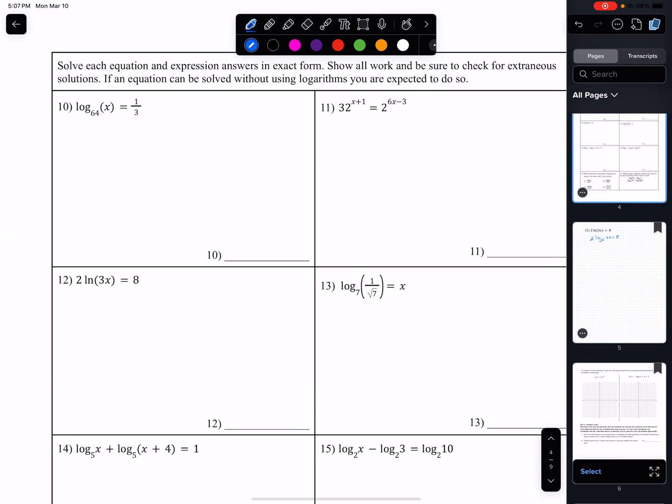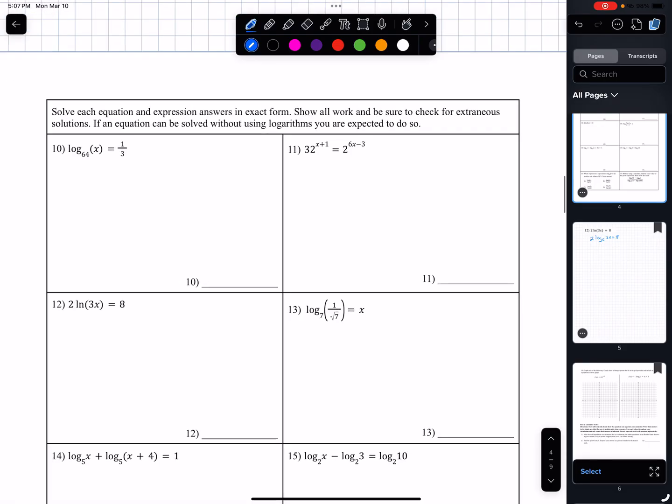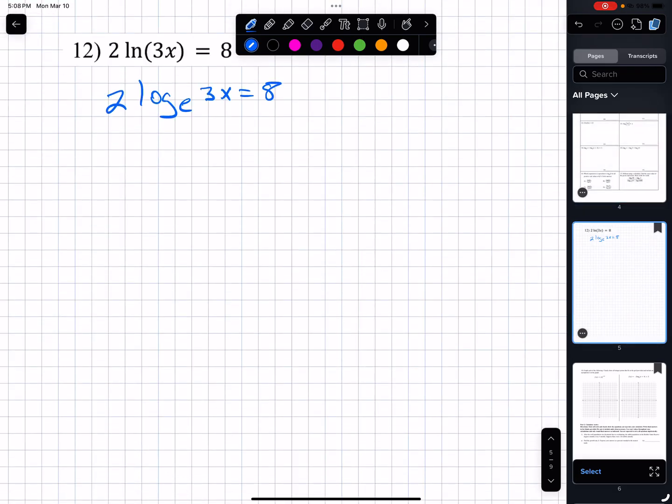So log base e of 3x squared equals 8. Solve each equation in exact form, so you don't need to use a calculator. The 2 is the exponent, so we have log base e of 3x, and the 2 goes to both the 3 and the x.